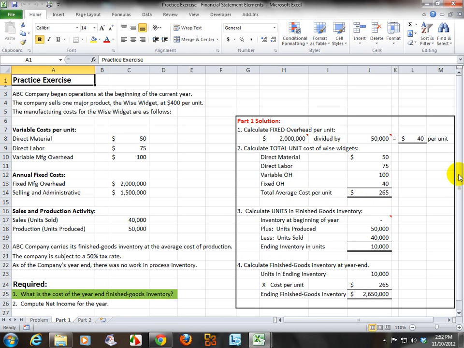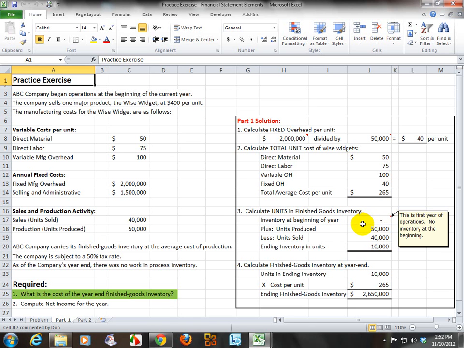Second challenge we have is we don't know how many units we have in ending inventory. In order to calculate that, we start with the beginning inventory at the beginning of the year. Well, the problem stated that this was the first year of operations. So in the first year that you operate, you don't have any balance in inventory because you start the year at 0.